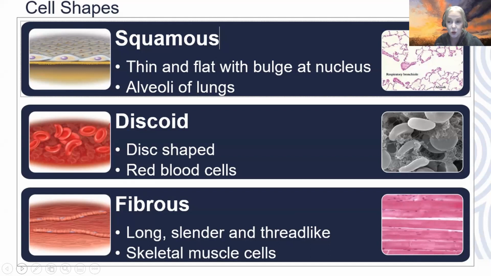Not just write squamous, but tell me that they're thin and flat. If you remember that they've got a bulge at the nucleus, yeah, but other than that, thin and flat would be fine. Discoid, disc-shaped, and fibrous, long, slender, thread-like, etc. If you can remember an example, that's a fully HD question. So pretty simple, that one.